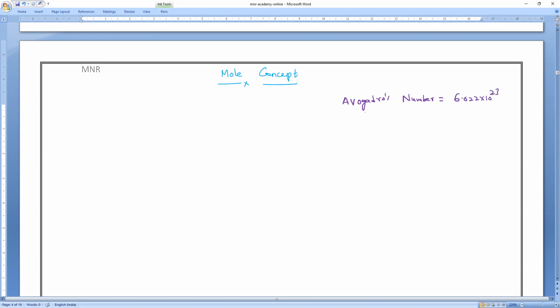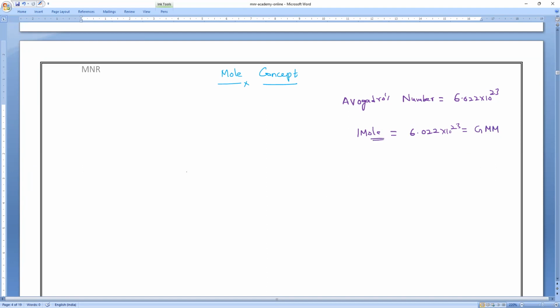So if you take atoms or molecules, whatever it is, if you take 1 mole of any substance, either it is hydrogen, oxygen, carbon dioxide, whatever the substance you take, 1 mole of any substance contains what, everybody? Avogadro number of particles, which is equal to the GMM, gram molecular mass of that substance.